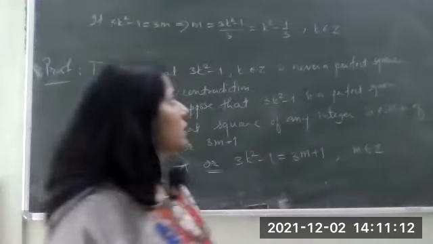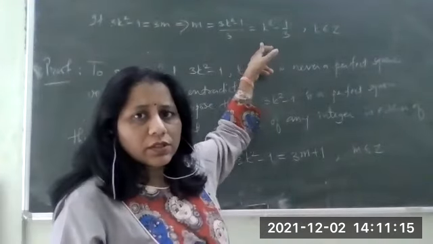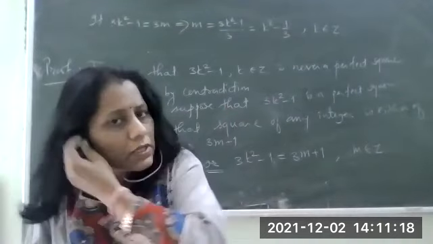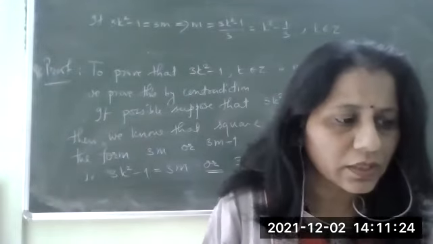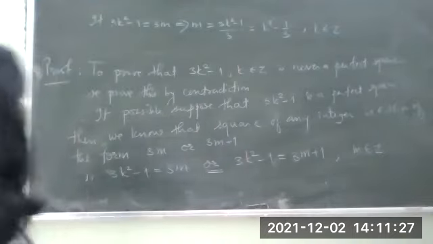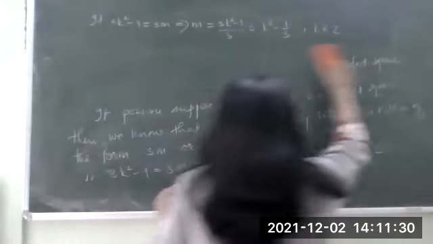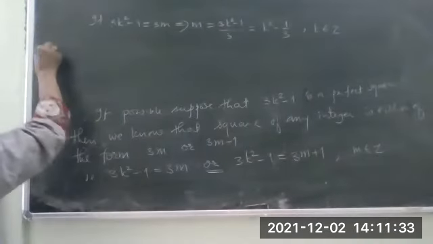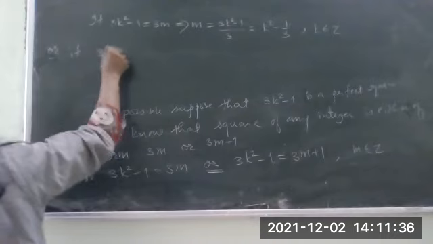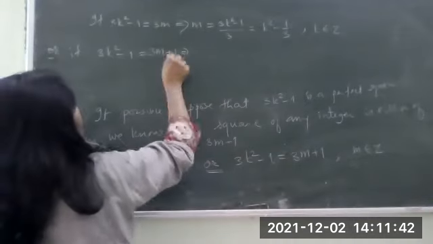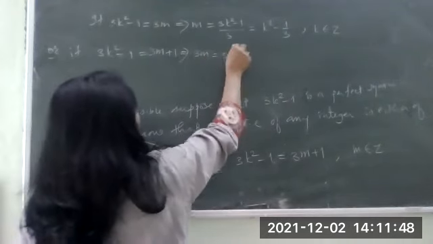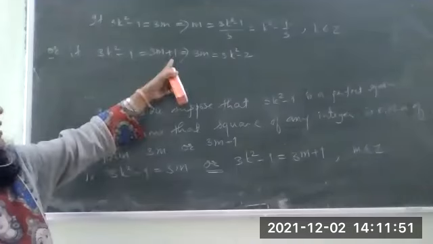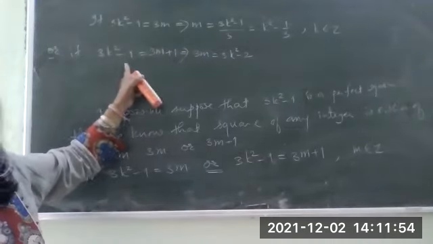Now since k is in Z, k² is also an integer, and minus 1/3, so we can find that it cannot be a non-negative integer. In the second case, we consider 3k² − 1 equals 3m + 1. Taking this 1 to the other side, it becomes minus 1, minus 1, minus 2.